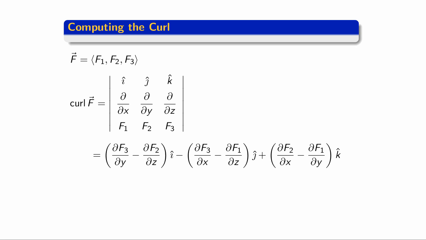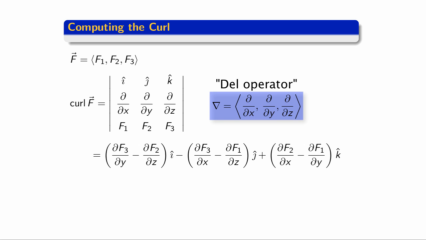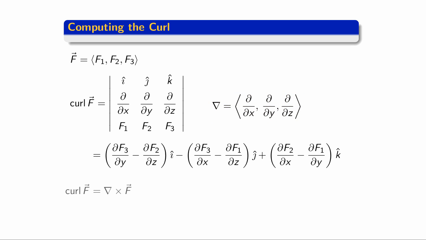In fact, because of this similarity, there's another notation that is often used for the curl. Let's write the row of differential operators in vector notation. This object is usually called the del operator. Then the curl is simply computed as del cross f.